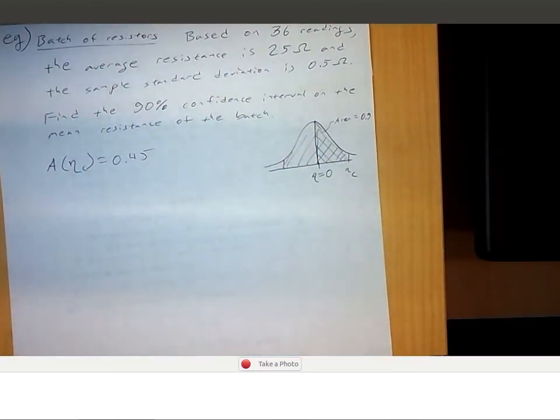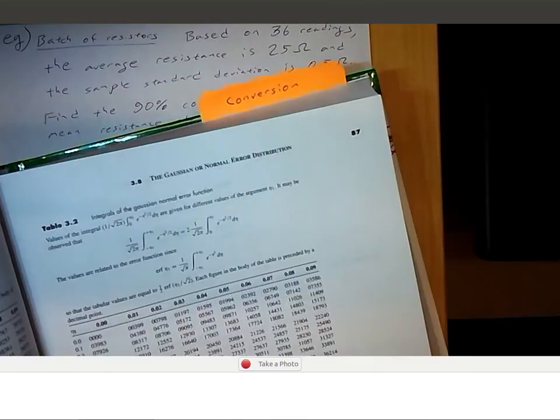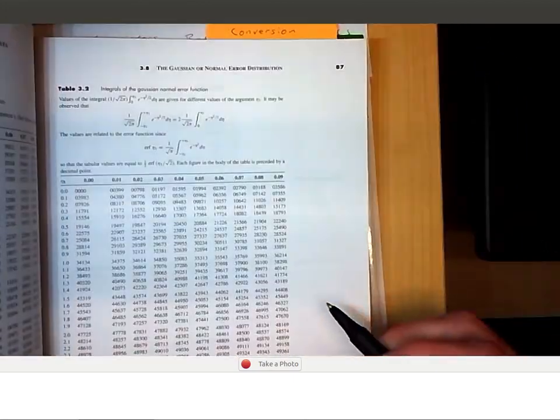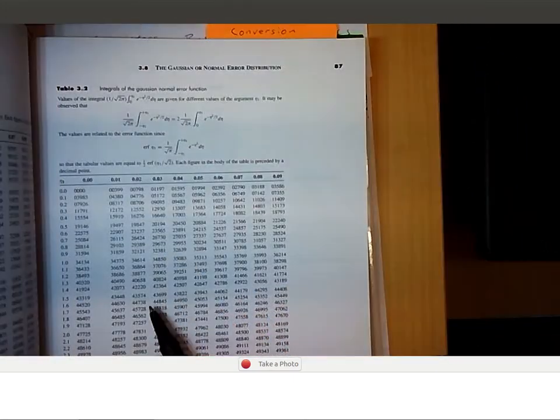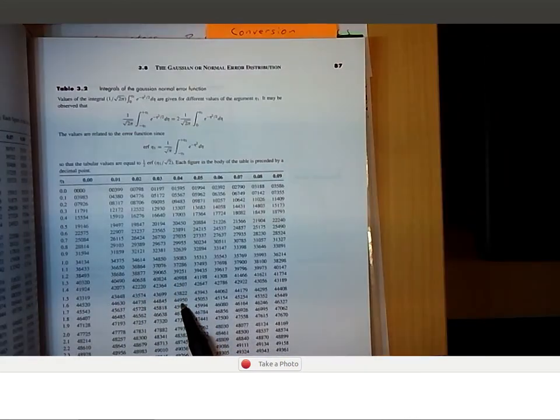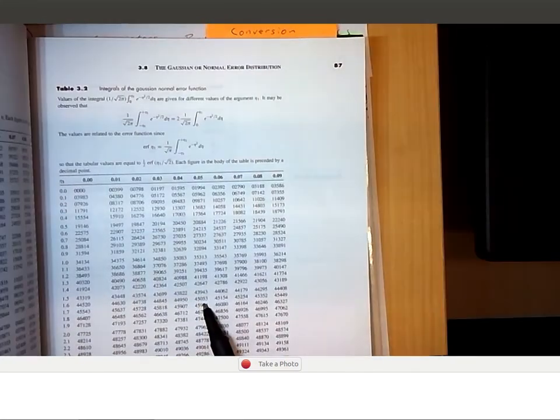And now, if we look at our table, okay, so we wanted a value for A to be 0.45. So looking here, here's 0.4495 and 0.45053.